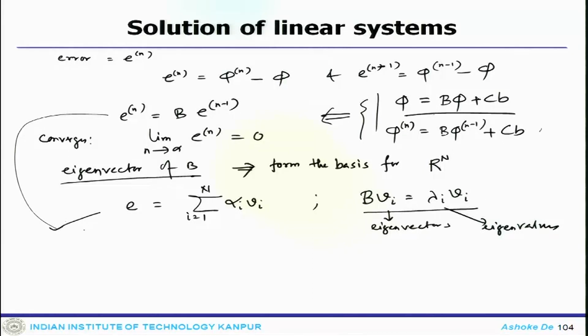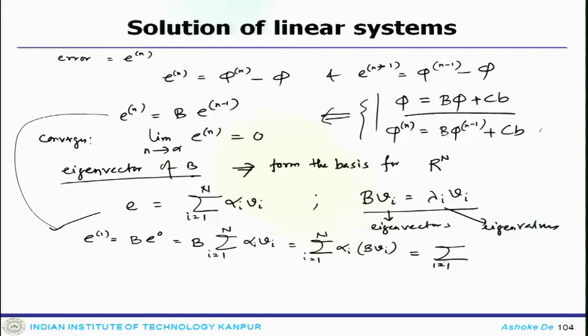Combining these two, one can say my error at the first level is B e to the power 0, which is B times the summation of i equals 1 to n alpha i v i, which is the summation of i equals 1 to n alpha i B v i, which also can be written as the summation of i equals 1 to n alpha i lambda i v i. Now this is for the first iteration.